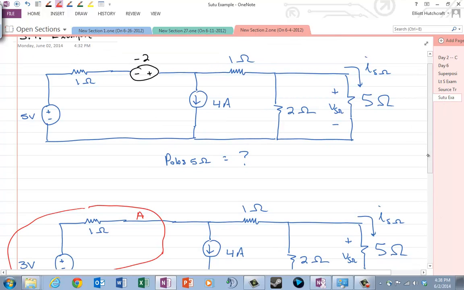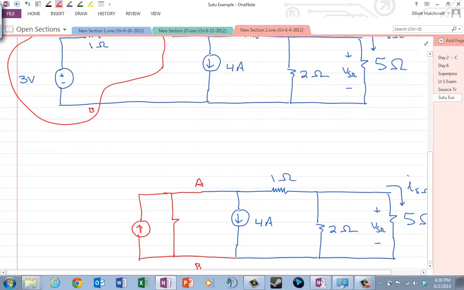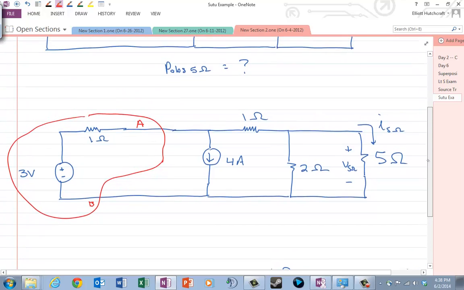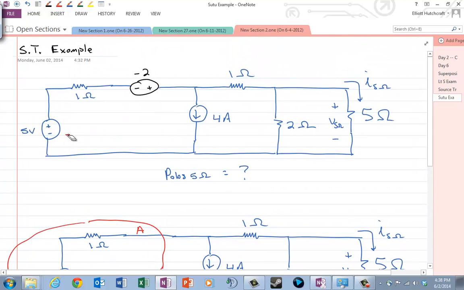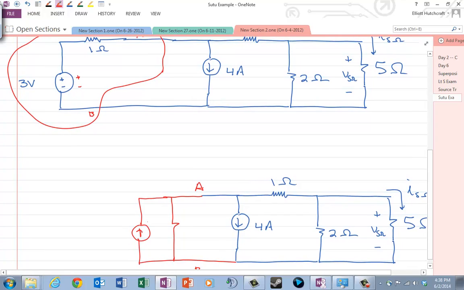I have drawn, so here's plus, here's minus. Well, I drew it on the wrong one, but here's plus, here's minus. So my arrowhead is going to go the same direction. My head is at the plus, tail is at the minus.